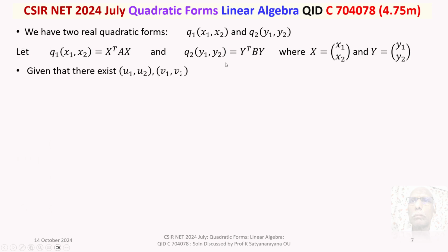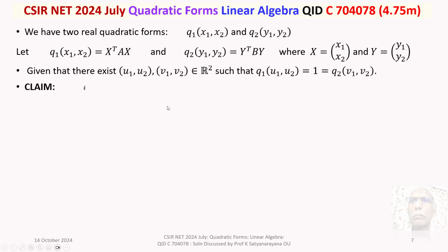We are given that there exist ordered pairs u1, u2, v1, v2 belonging to R square such that q1 of u1, u2 is equal to q2 of v1, v2. We now establish an intermediate result, that is a result in between these two.